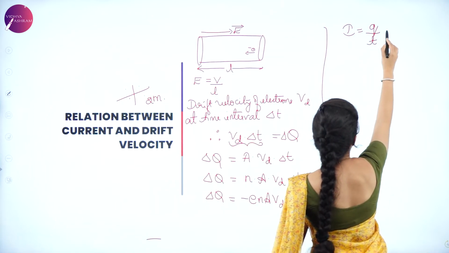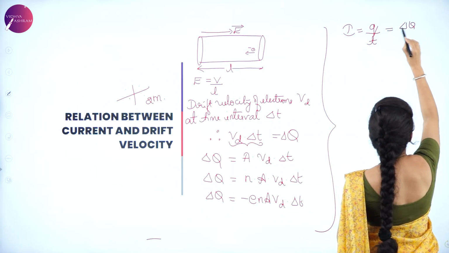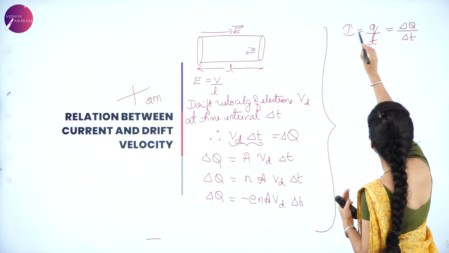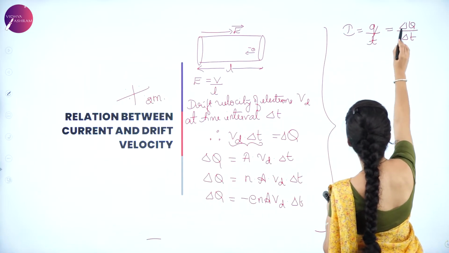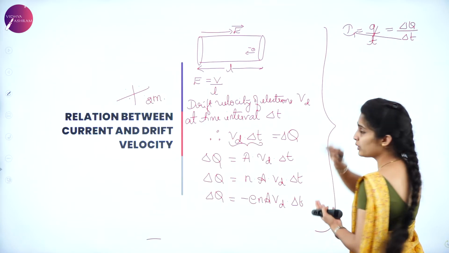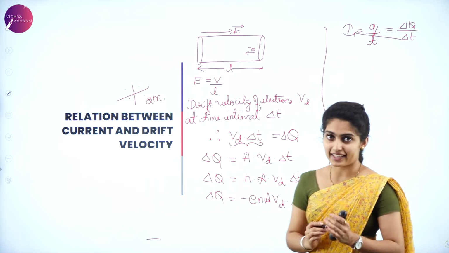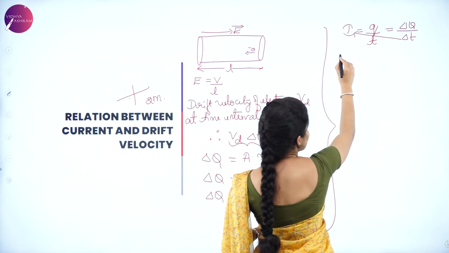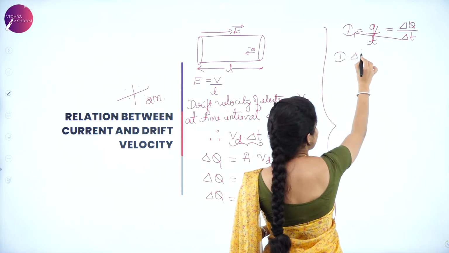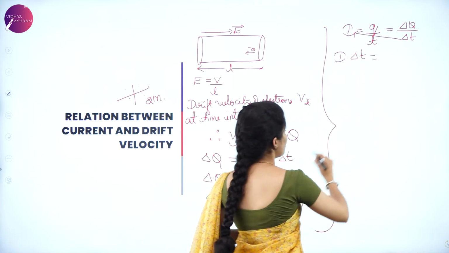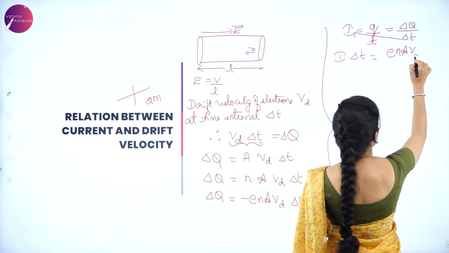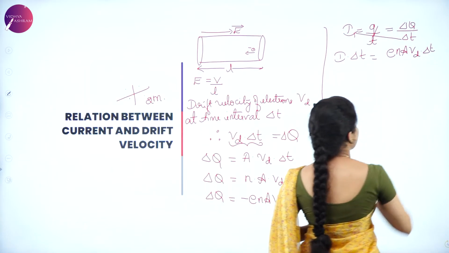So I can write this as delta Q divided by delta T. Can I represent this delta Q as I into delta T? Yes, I can. So I substitute delta Q as I into delta T, which is equal to e N A Vd into delta T.